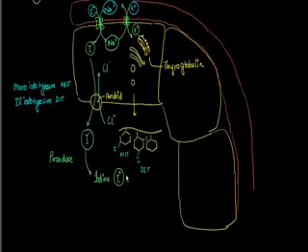Now by the process of conjugation, an MIT can combine with a DIT, or a DIT can combine with another DIT to form T3 and T4. So if one MIT combines with one DIT, we get a T3 hormone, and if two DIT combine together, we get a T4 hormone.